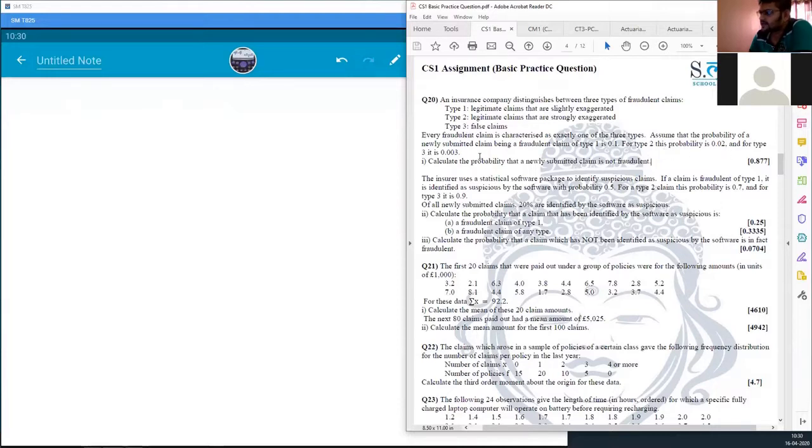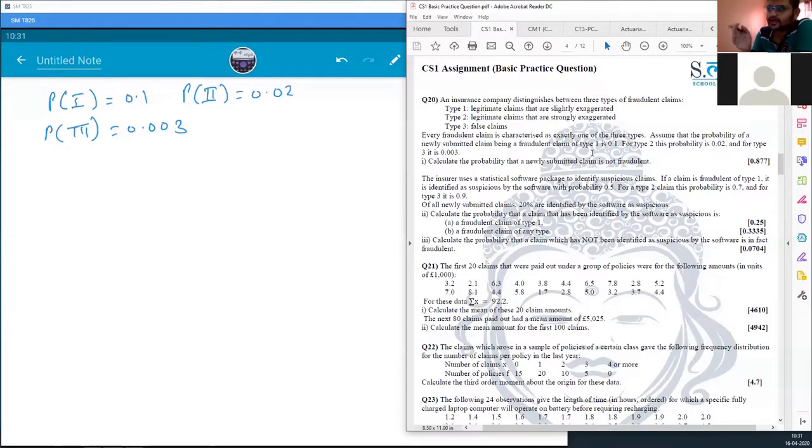Assume that the probability of a newly submitted claim being fraudulent of type 1 is 0.1. For type 2 it is 0.02, and for type 3 it is 0.003. Calculate the probability that a newly submitted claim is not fraudulent.